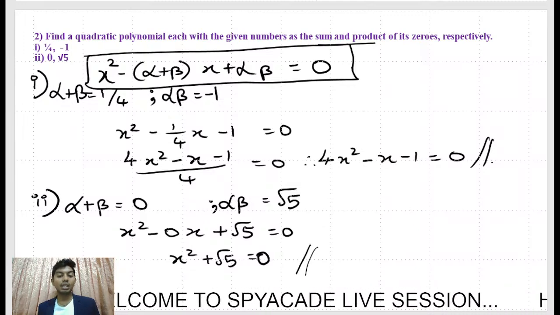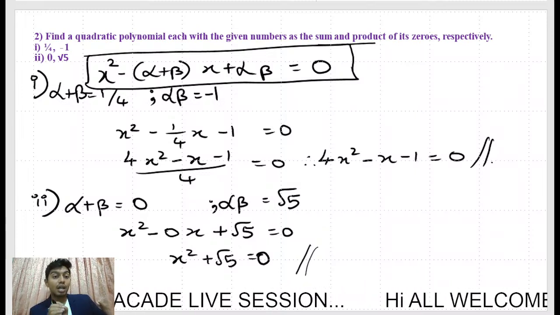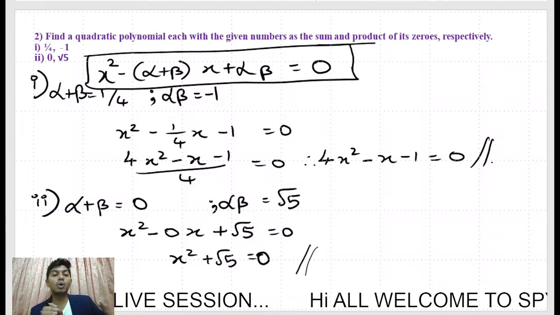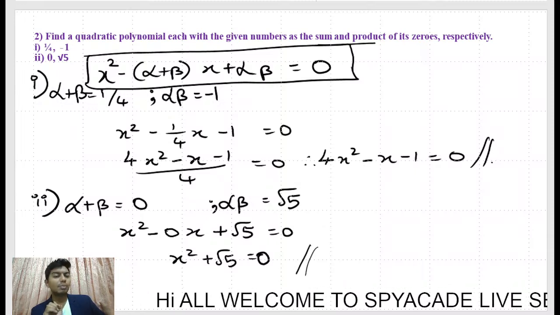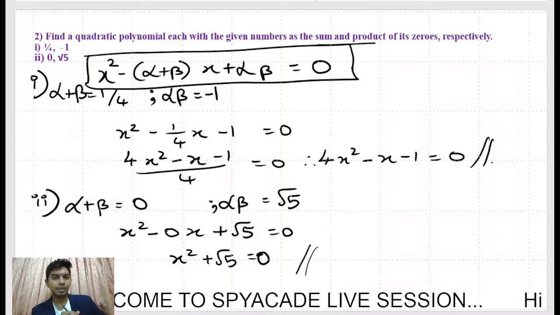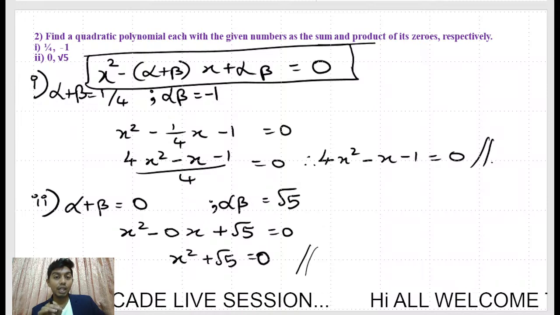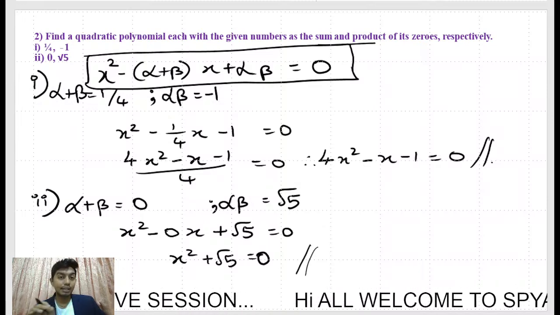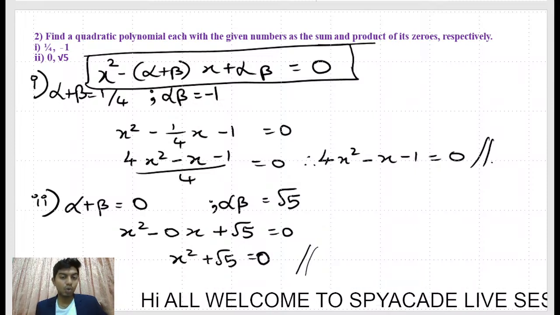Kindly make a note, and when you are writing the conclusion, please be very clear. Therefore, the quadratic polynomial is... you have to write all such simple wordings. It will be quite catchy when the evaluator evaluates your paper. It will be really catchy when you give a proper conclusion, and when you put a bracket or underline or put a small box around the solution which you got.